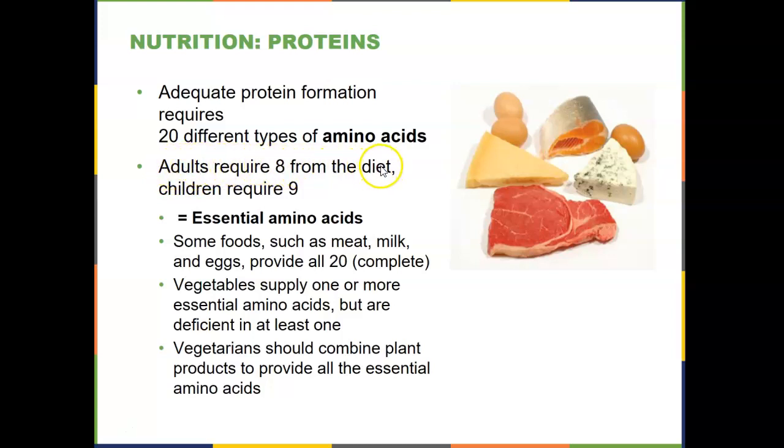And so there are 8 that we must get in our diet, 9 for children, but 8 amino acids that must come from our food. That means of the 20 different amino acids, there are 11 for adults where we can make those amino acids from these 8 amino acids. So we can make the others, but these we can't make. We must get them in our diet.